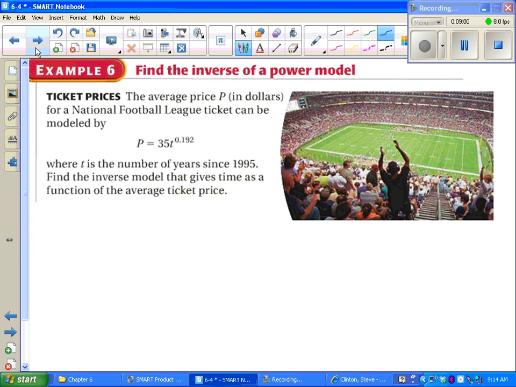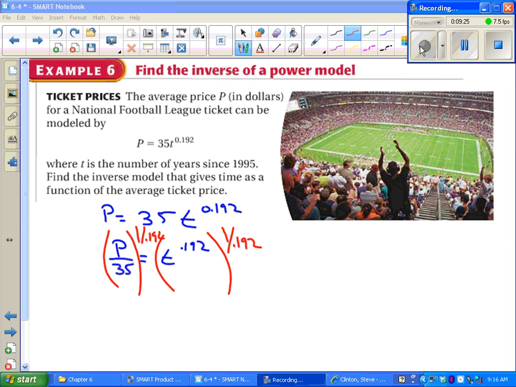Go ahead and pause the video, take a look at this example. You've already got an equation. One hint: when you're finding an inverse model, you don't switch the variables, you just solve for the other variable. So you're going to solve for t. See if you can set that up, make sure you understand what's going on, and I'll check in with you before we plug in any numbers. I think this one's a little bit tricky, so I gave a couple steps for a hint.